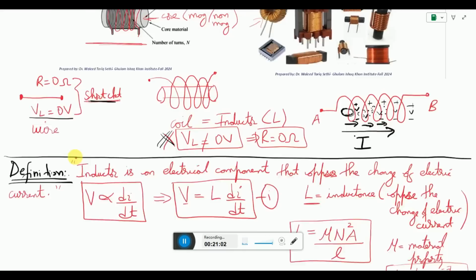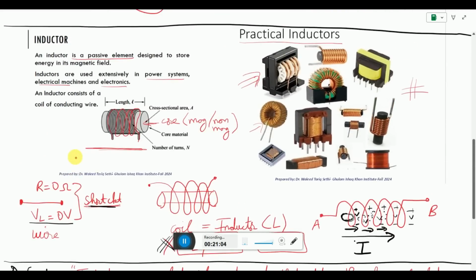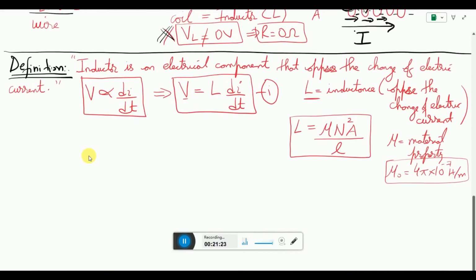Now where are these things? If you look at the practical side, take any of these materials. We can calculate inductance, where this is the property mu, this is the number of turns, this is the area, and this is the total length of the material. This is how the inductance is calculated when you wind a wire on any cylindrical, rectangular or circular material.